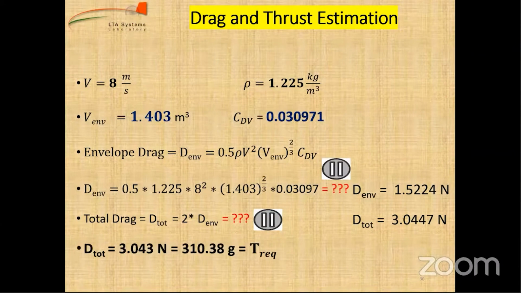When you convert it into grams, we get 310 grams. How do you convert Newton to grams? Drag is 3.043 Newton.